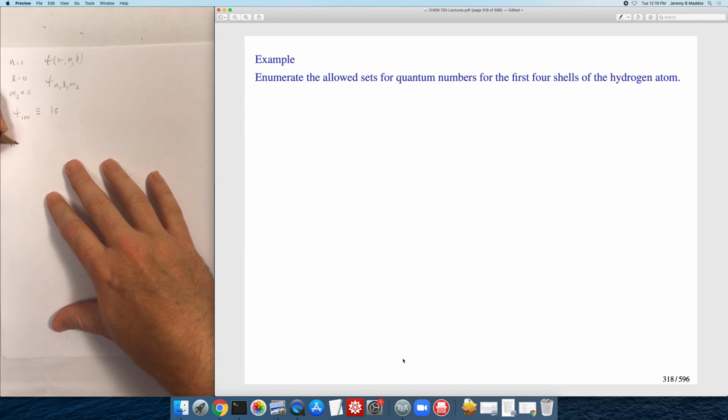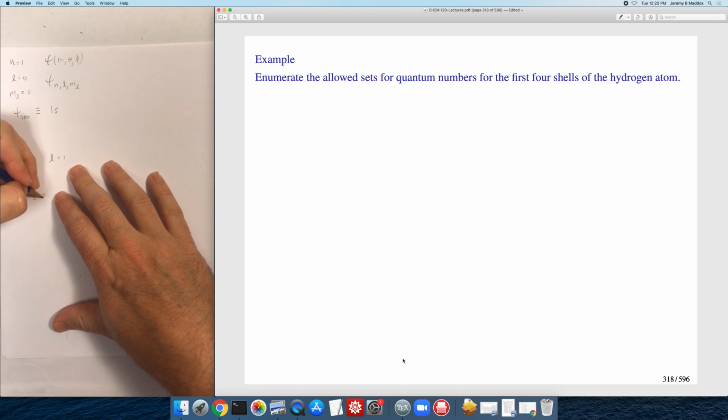For n equals 2, there are two possibilities for L. L could be 0, or L could be 1. For the case where L equals 0, there's only one possible value of m sub L, and that is 0. And so for this combination of quantum numbers, we have a psi 2, 0, 0, and we call that a 2s orbital. The 2 comes from the principal quantum number. The letter s comes from the fact that L equals 0.